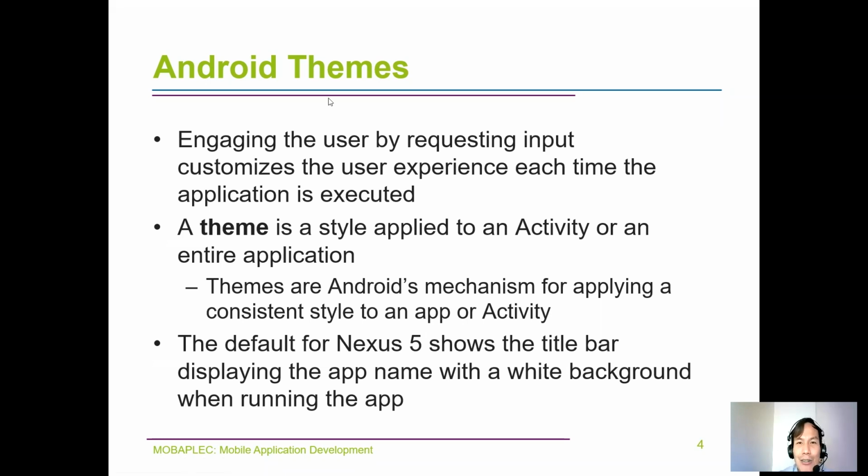Considering that you selected the themes, the default for the Android themes that we're going to use is the Nexus 5. There are different defaults depending on the version, and the version still depends on the Android Studio that you already installed or updated.